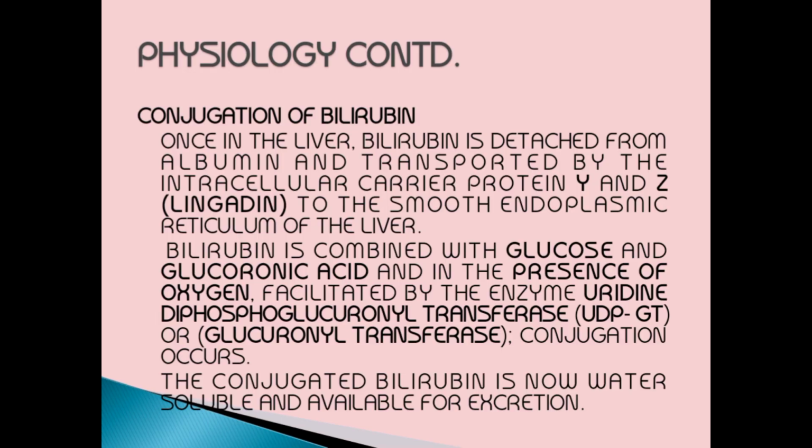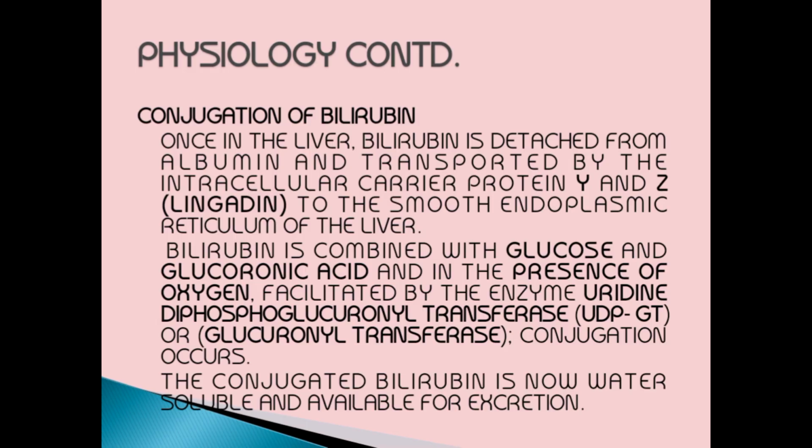So what is causing this conjugation process is being helped by glucuronic acid, uridine, oxygen, and the UDP-GT enzyme.